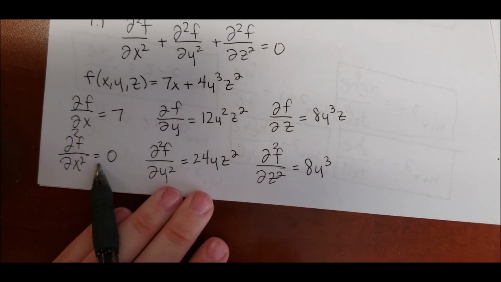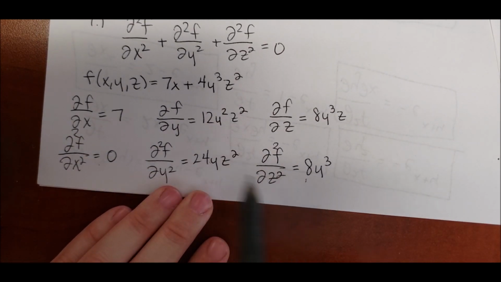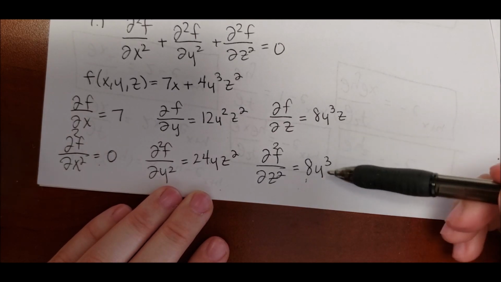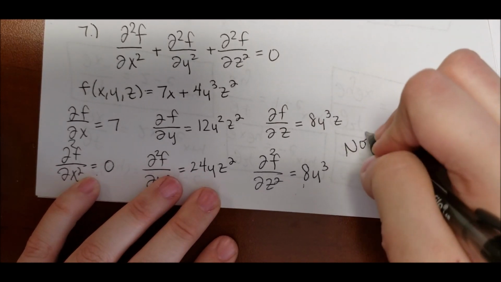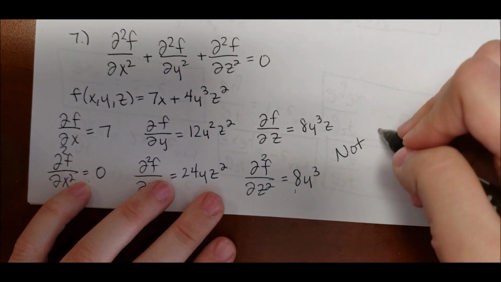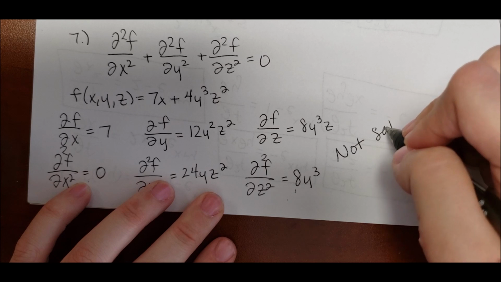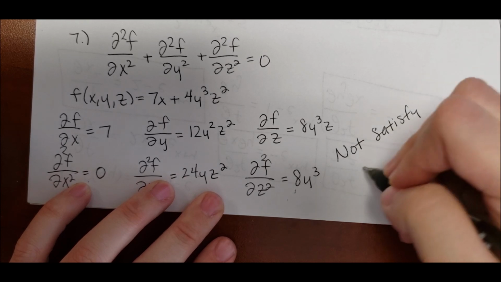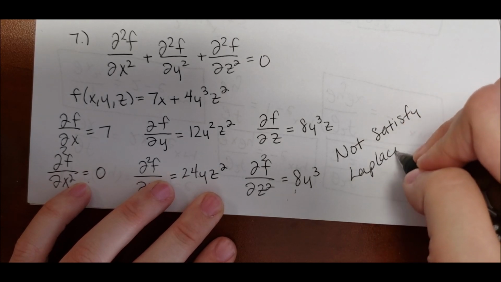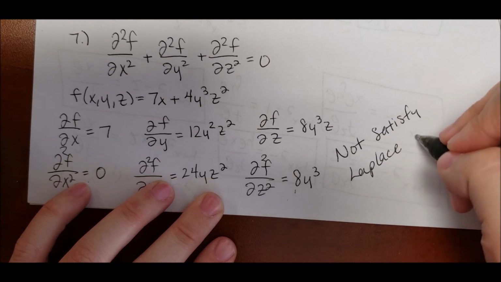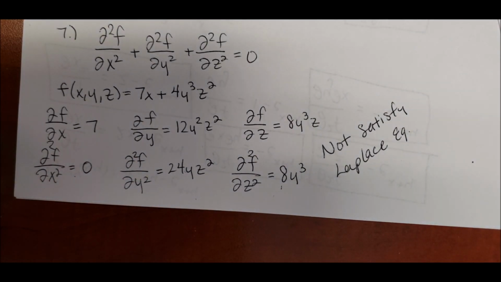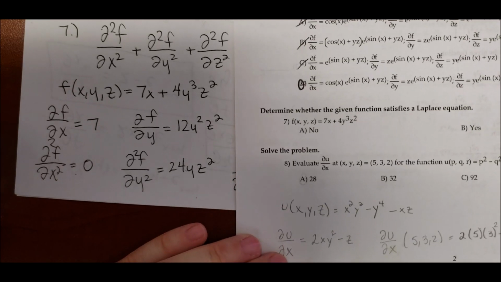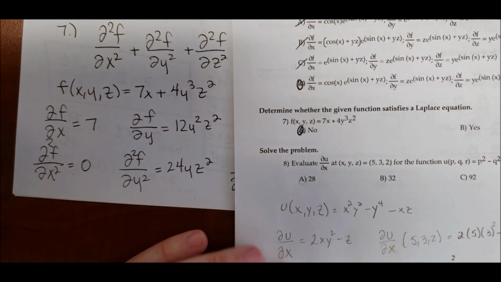So if we added up the second order partials, that's not going to equal 0. So this does not satisfy Laplace's equation. So 7 is A. No.